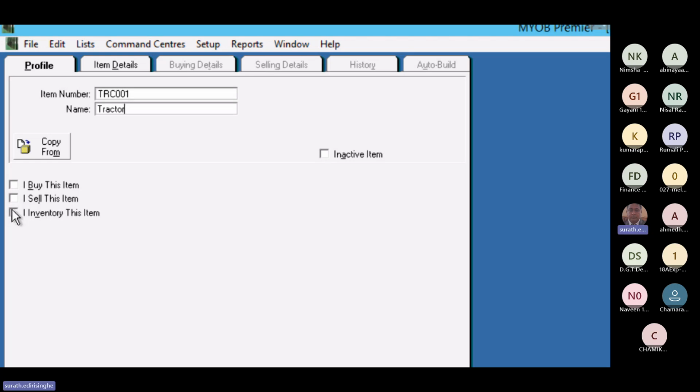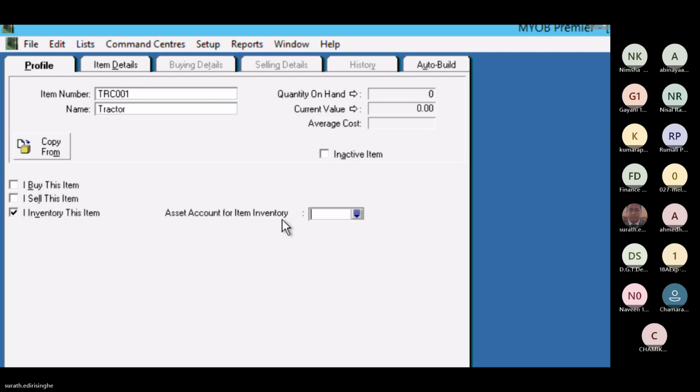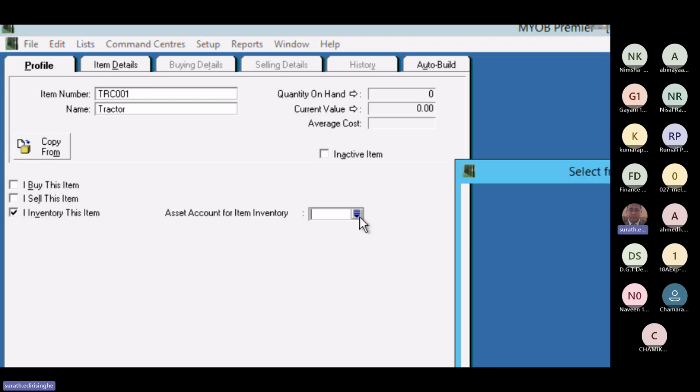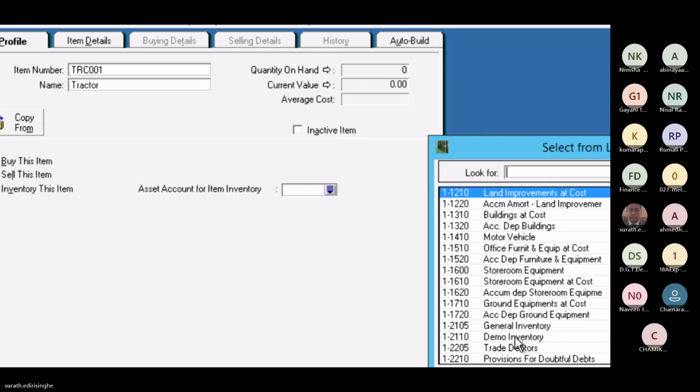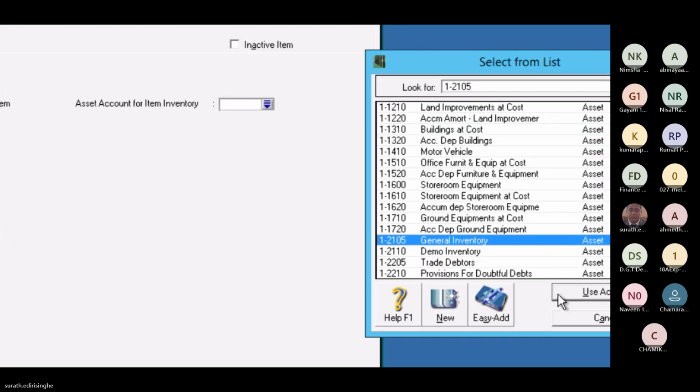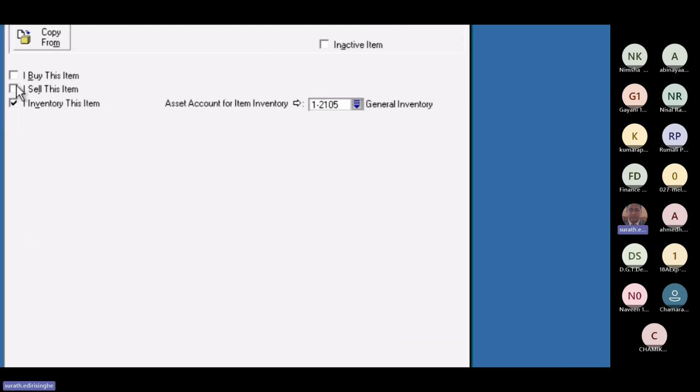I inventory this item for my general inventory. I sell this item, actually sell in the sense not day-to-day selling. After using these capital assets for 5 years, 10 years, 20 years, the assets have to be sold.